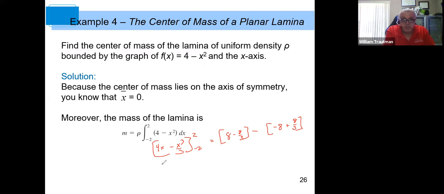So the density times 32 over 3. Don't forget, we have this density in front. I'm going to erase this. I'm going to write it down and make sure we're okay.